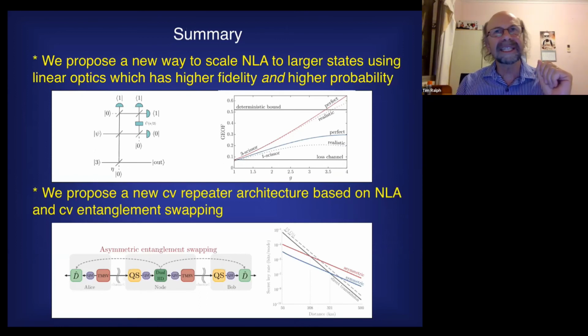Another possibility is preparing offline resources that you can then use in some metrology protocol, and being able to prepare those offline resources better by using the NLA. Like if you needed entanglement in your metrology protocol, there might be ways of using the NLA to improve that entanglement.